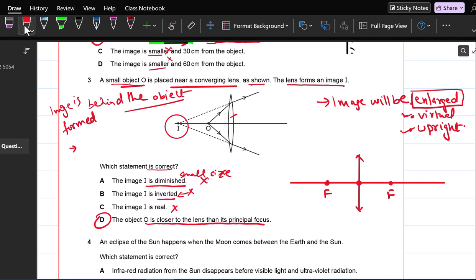So the object is closer to the lens than its principal focus, so it means that the object is somewhere here. This is right. And this is also the application for a magnifying glass. Remember this. A magnifying glass says the image will be enlarged, virtual and upright.